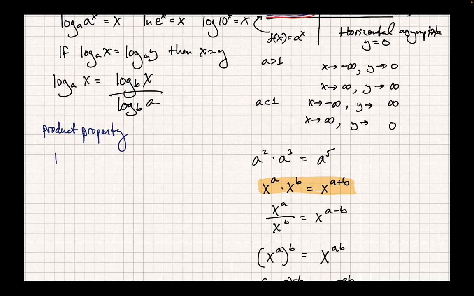So in general, log of some base of two things multiplied together is the log of the first thing plus the log of the second thing.